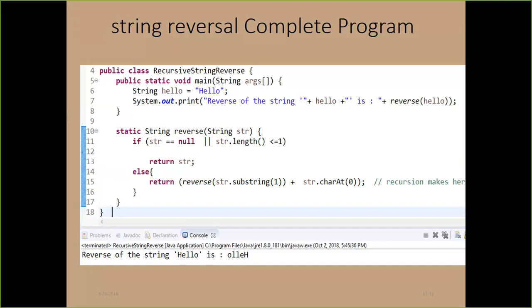Okay, then it's good. Yes, I think my program has one more checkpoint: if string is equal to null, or string length less than or equal to 0. It is better to put less than or equal to 0, although string length will be positive, it doesn't matter.